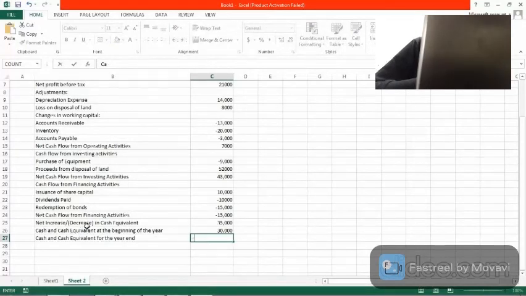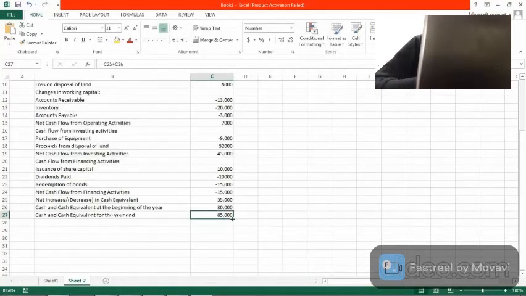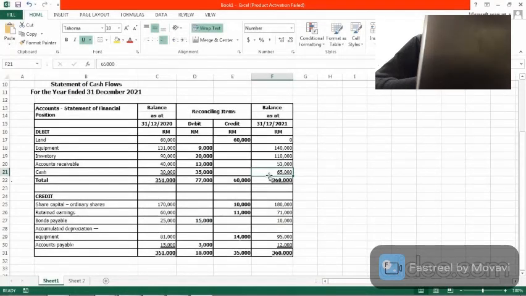By adding the net increase in cash equivalent and the cash equivalent at the beginning of the year, we will get the cash and cash equivalent for the year end. 35,000 plus 30,000. So for this question, you have to make sure that your cash and cash equivalent for the year end is the same as the ending balance of cash in the financial position statement, 65,000.